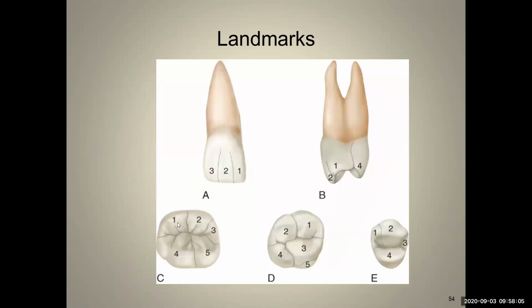Okay, five lobes. One, two, three, four, five. This is the mandibular first molar. One, two, three, four, five for the maxillary molar. So these are first molars, five lobes, second molars from four lobes. Most teeth are derived from four lobes, except for the first molars.